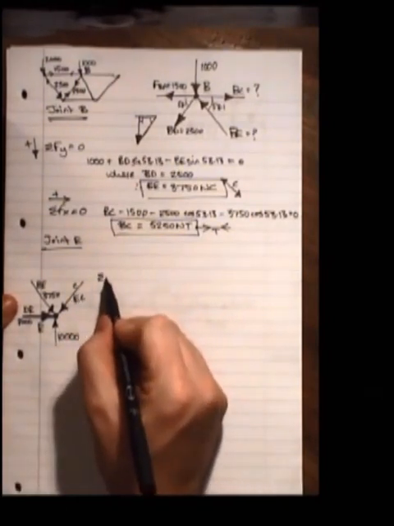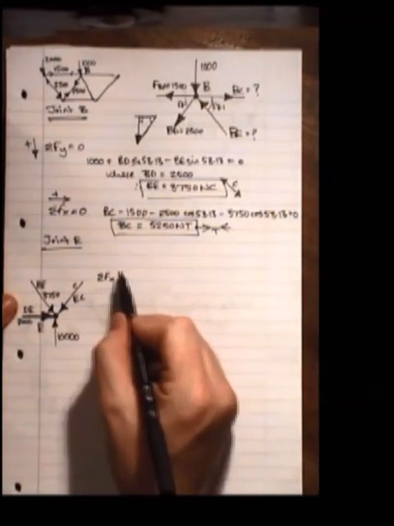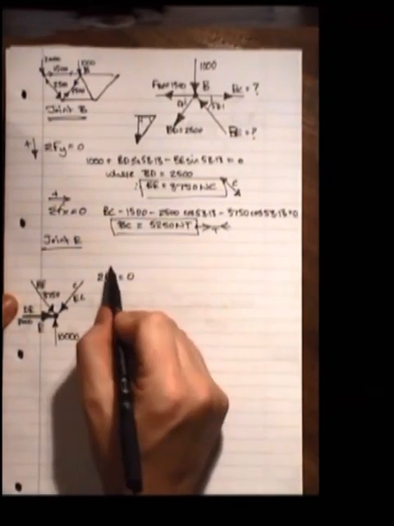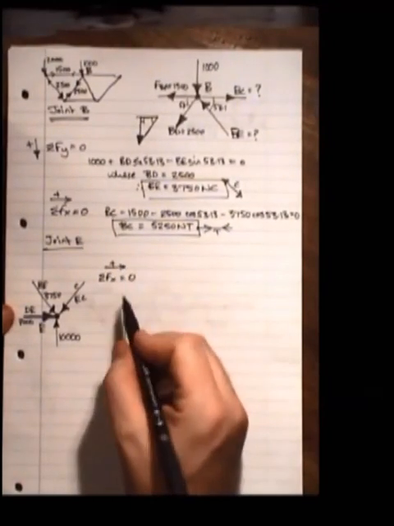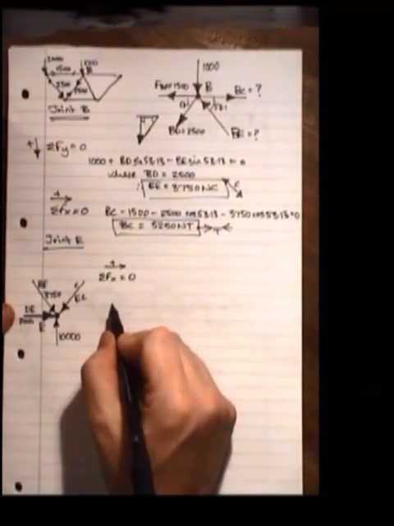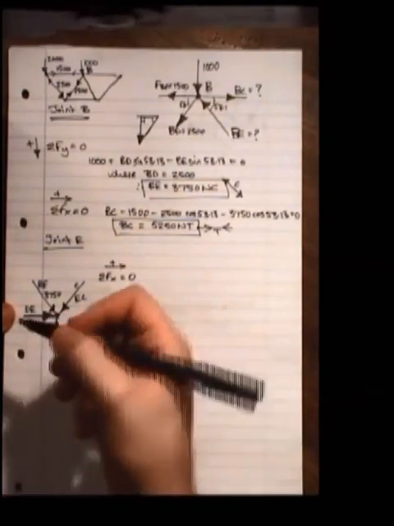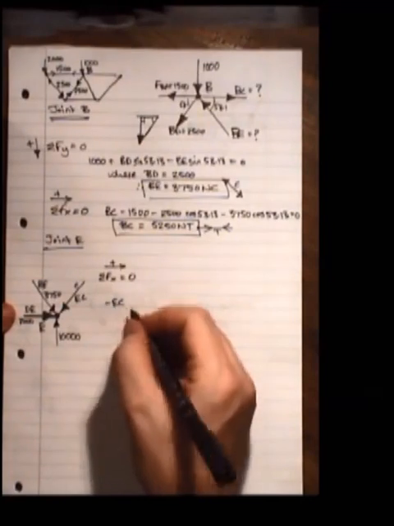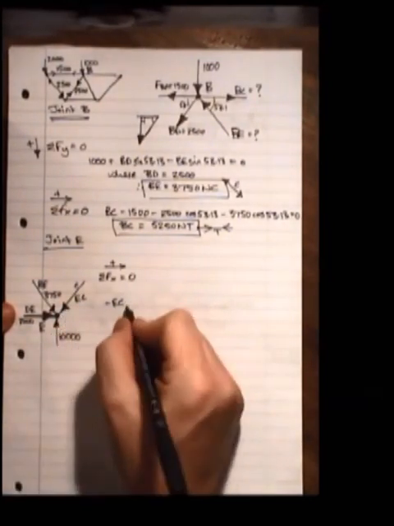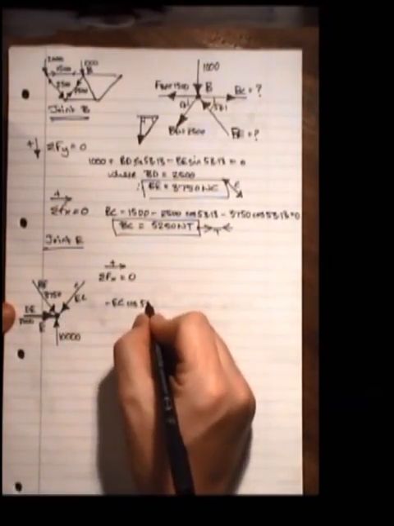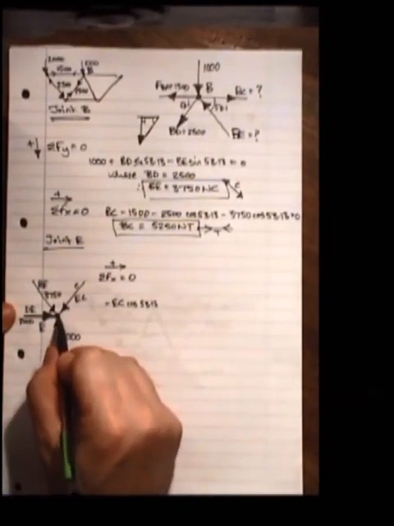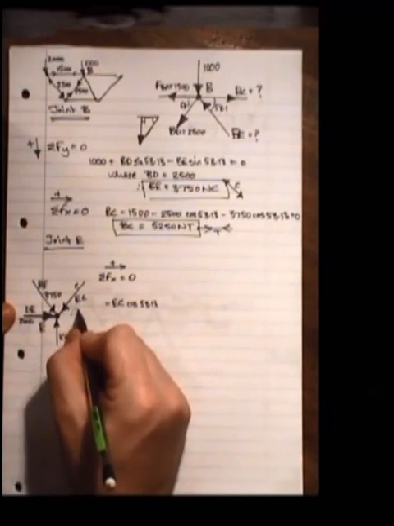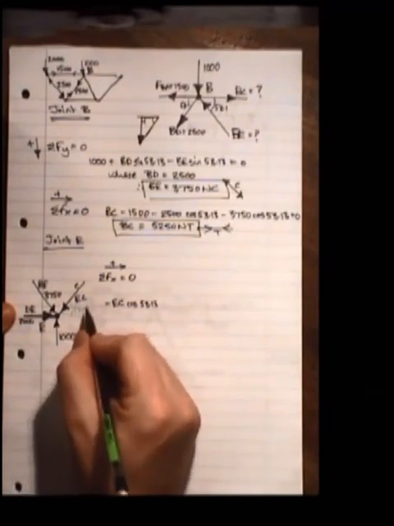So if we look at the sum of forces, we see that everything going to the right is positive. We've got EC, it's going to the left, so it's minus, and it's cosine 53.13. Just to show again, this angle here is 53.13.